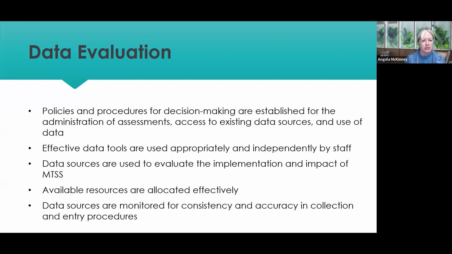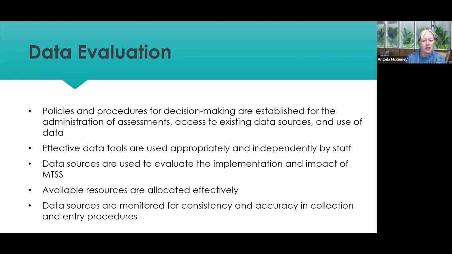Again, policies and procedures about how to use the data, decision-making rules along the way. When you get a kid who's below this percentile on this particular assessment, now you move to step B, right? Having those things written out, having an understanding of how to administer them, all of those things are really important.